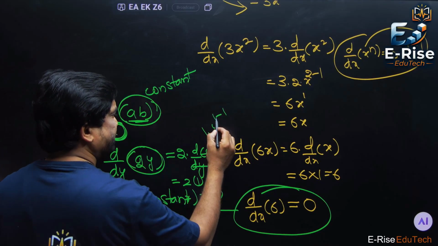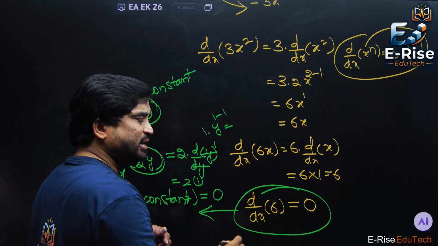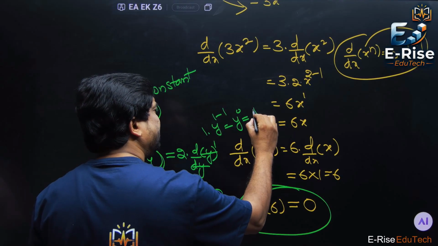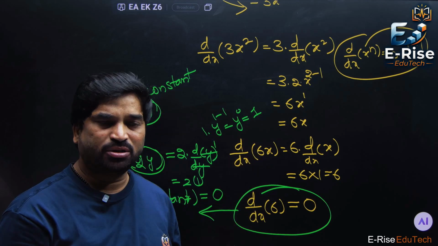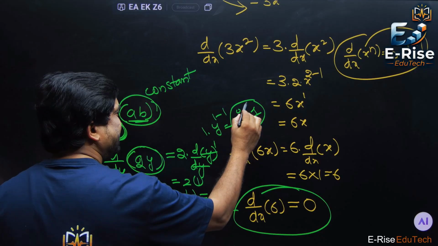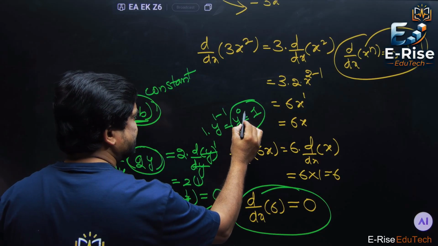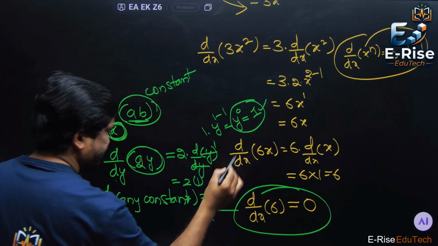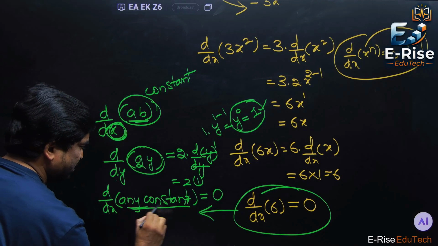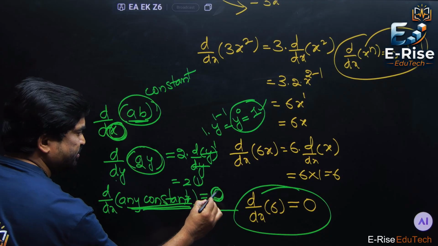Here y to the power 1 minus 1 means y to the power 0. What is y to the power 0? Any number to the power 0 is 1 only. So here you got a point: any value to the power 0 is equal to 1. So d by dx of any number, or any constant, is 0.